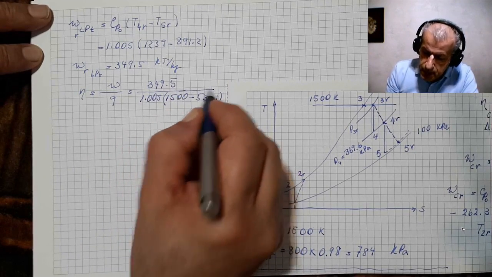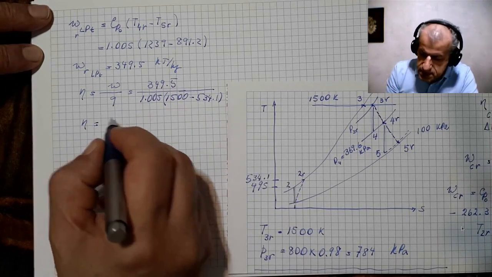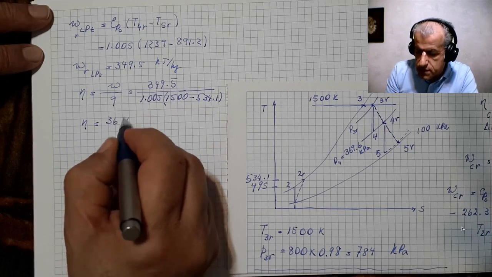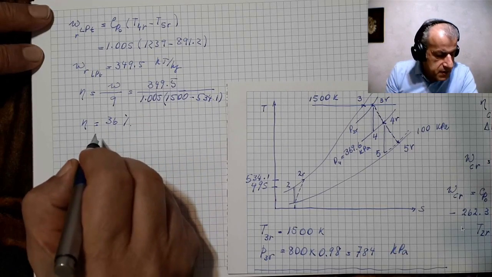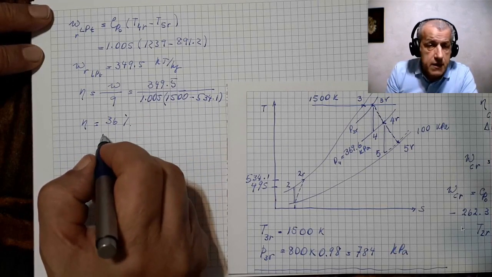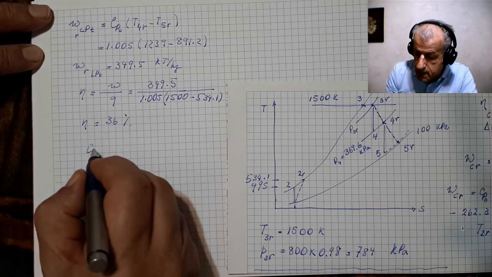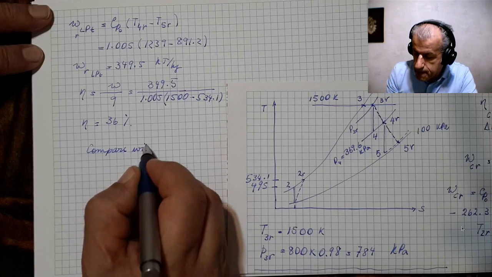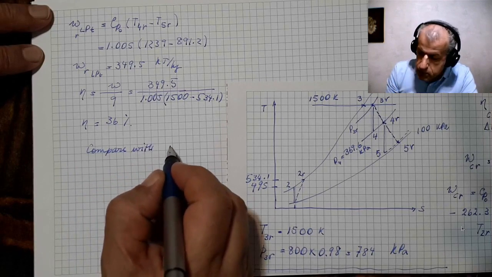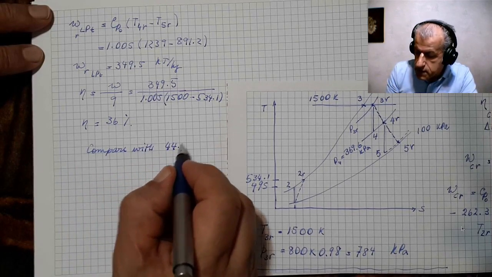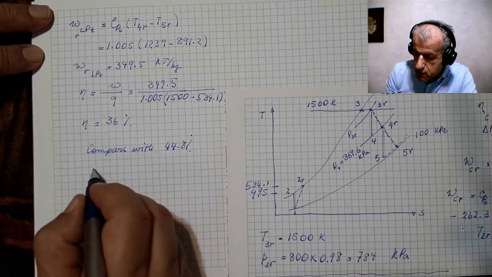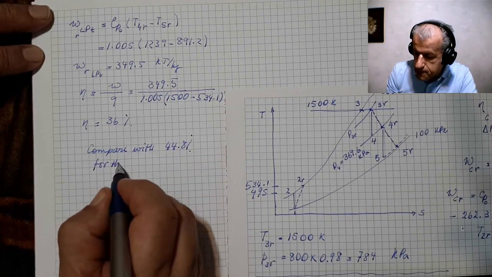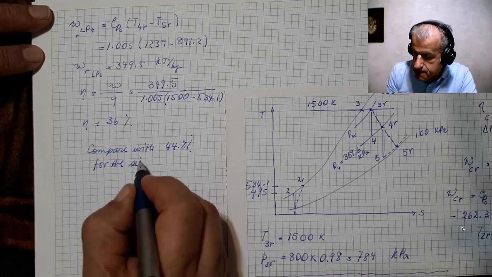The efficiency for this cycle would be 36%. Compare this with 44.8% for the simple cycle.